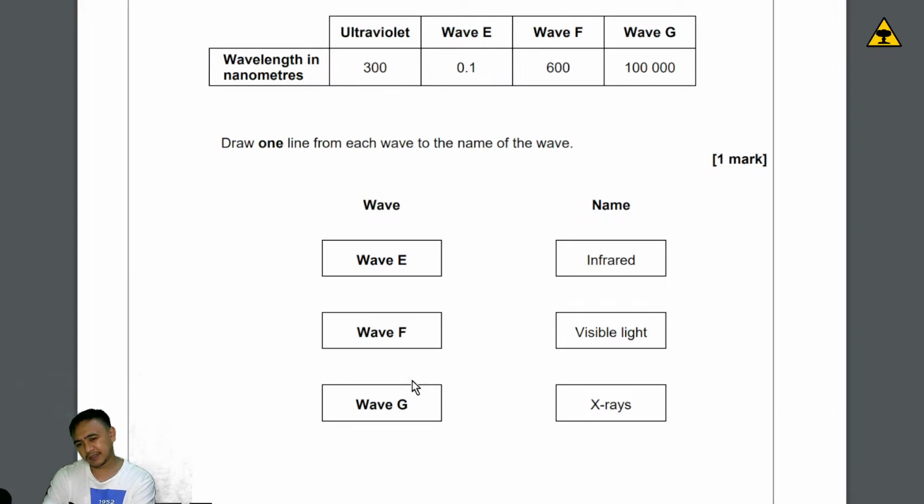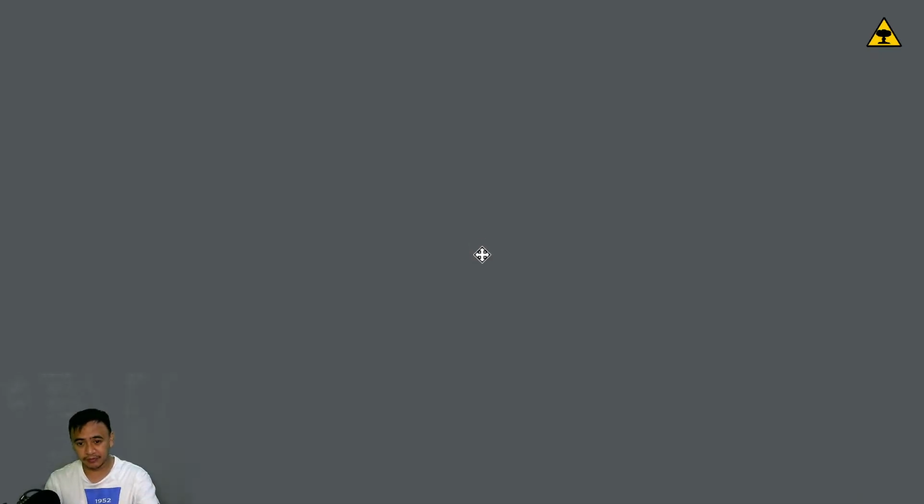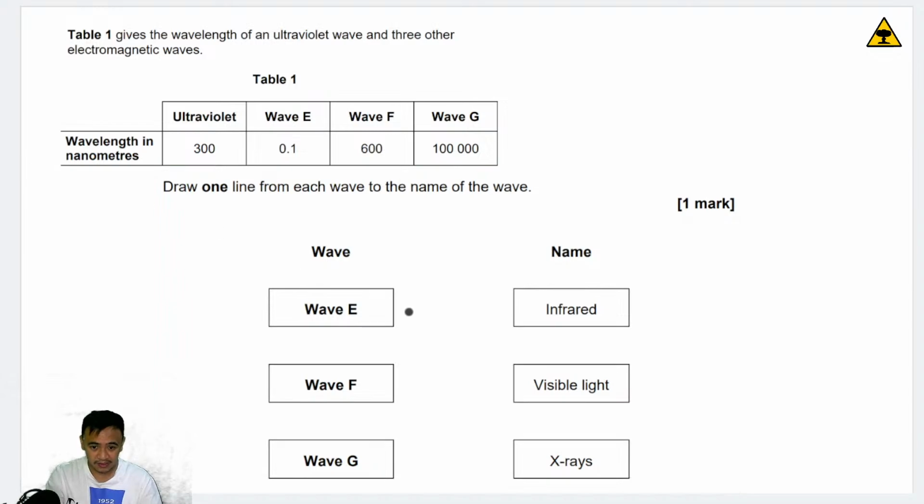So basically the idea here is you're comparing wavelengths. Which one has a long wavelength and which one would have a short wavelength? Which one would have extremely short wavelengths? So wave E would be X-rays. I'll put that on the board. How about wave F?